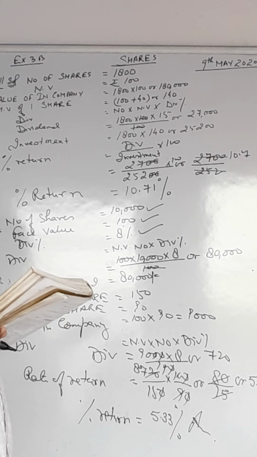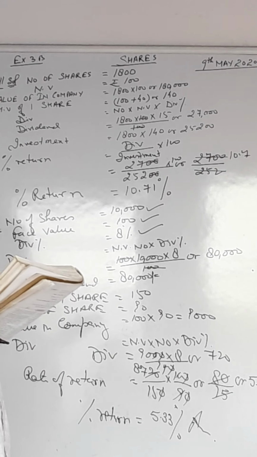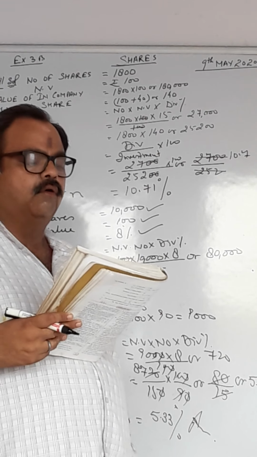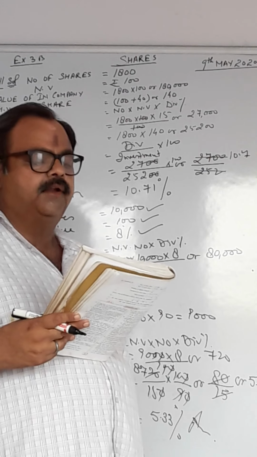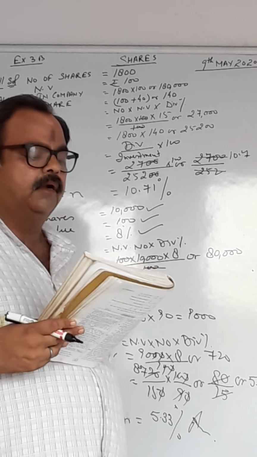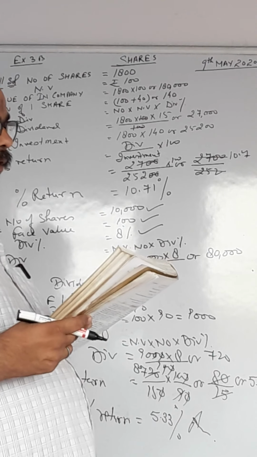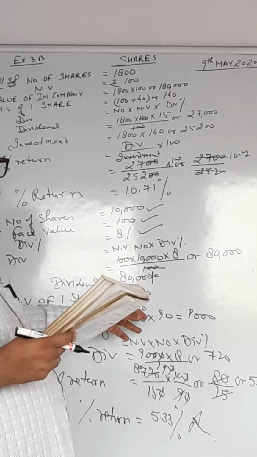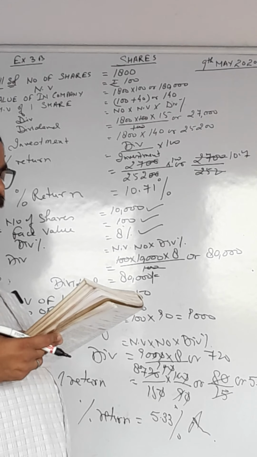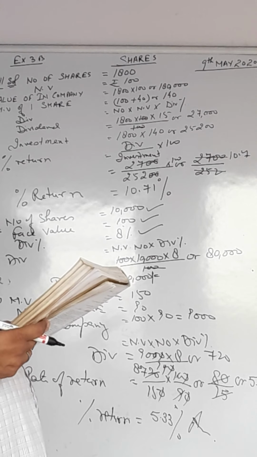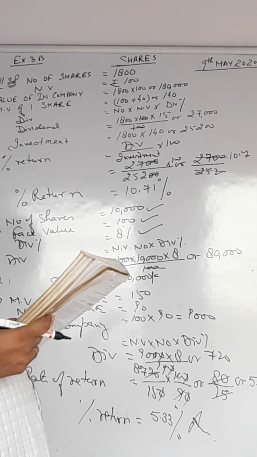Then what did he do? Ramesh has bought 90 shares of the company at 150 per share. Number of shares 90 he bought and market rate is 150 per share. Market value of one share is 150, number of shares is 90. Calculate the dividend he received and the percentage rate of return on the investment.